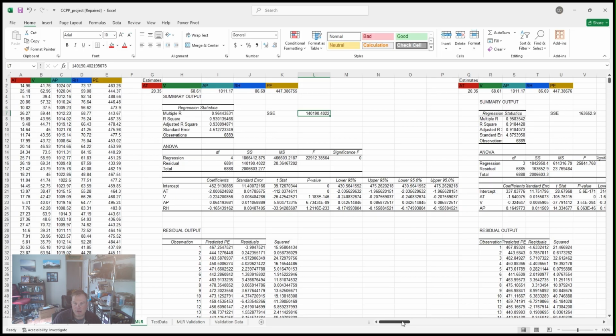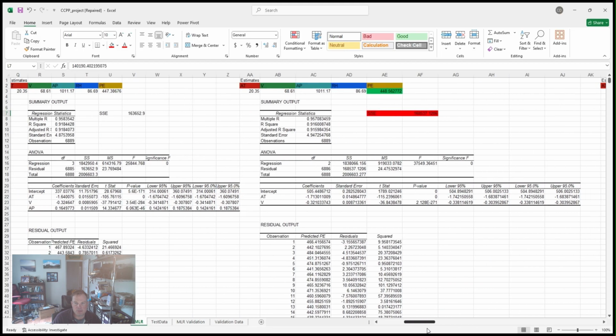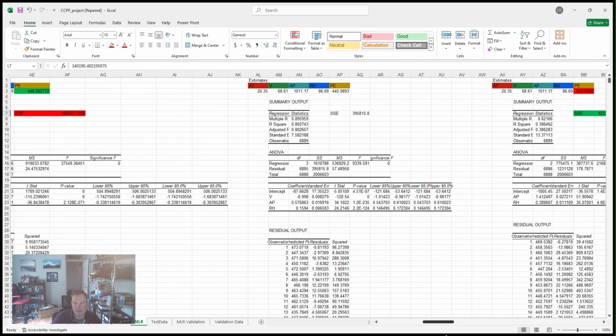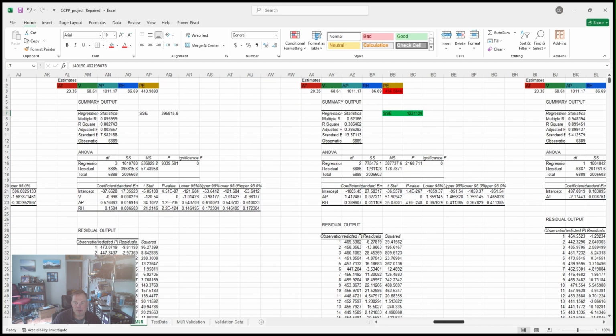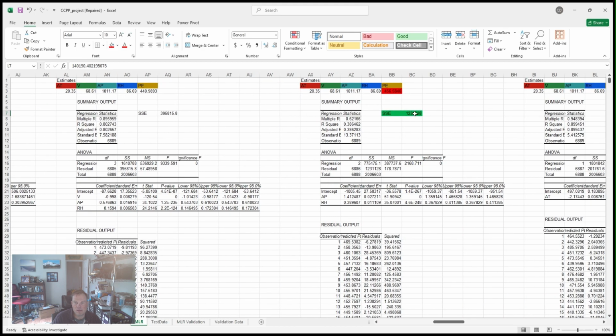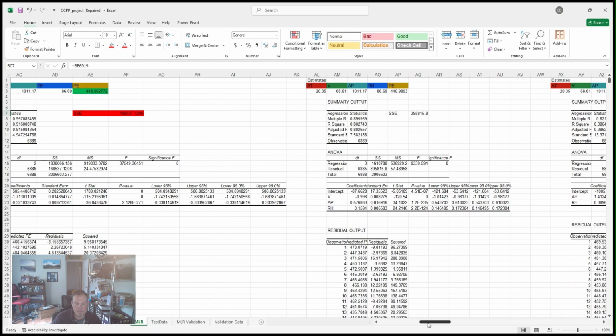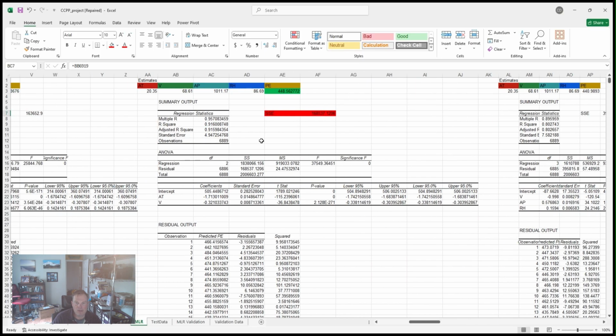And we saw, as a result of that, a superior or lower SSE for our AP and RH combination than we did for our AT and V combination.